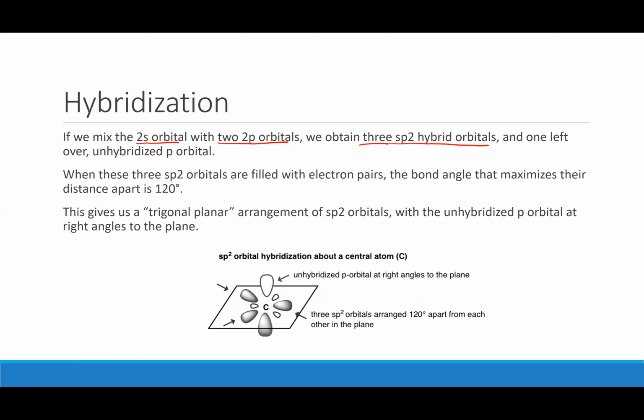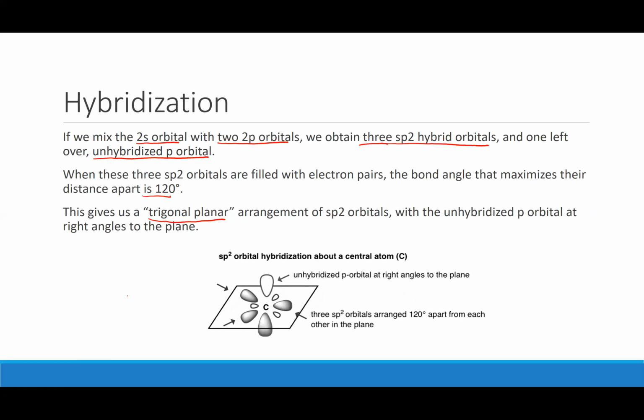And we get 1 orbital left over, 1 non-bonding orbital, or an orbital that can participate in a different kind of bond. A p orbital is left over. When these sp2 orbitals are filled with electron pairs, the bond angle that results in this case is 120 degrees apart, and that's what we call the trigonal planar.